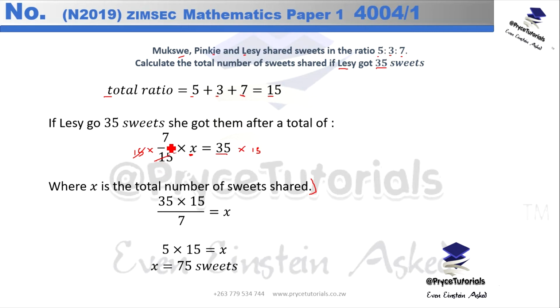Remember, if I cancel out the 15s, I'll be left with, let me do a side working here, 7x is equal to 35 multiplied by 15. So this is where we got this expression here. So I'm going to divide 7 into 35, that is 5 times. So 5 by 15, I'll get 75 sweets. So this is the total number of sweets that these guys shared.